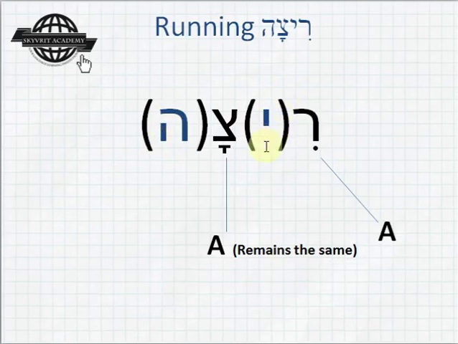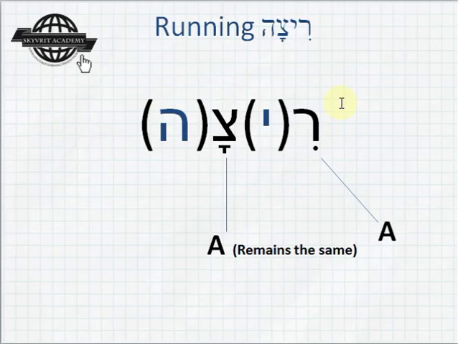This yud and this hey are the reason for this word to be a noun. We want this word to be a verb, not a noun. This is part of what we're trying to do here.